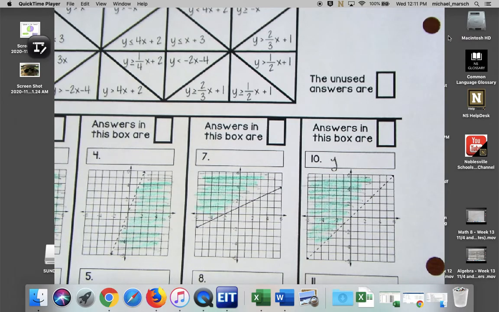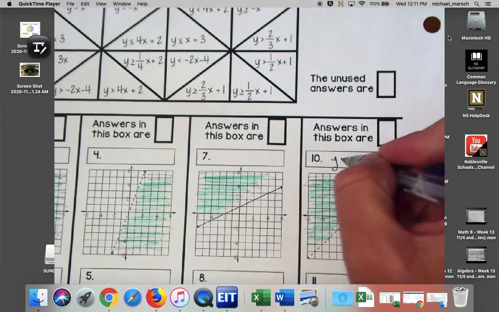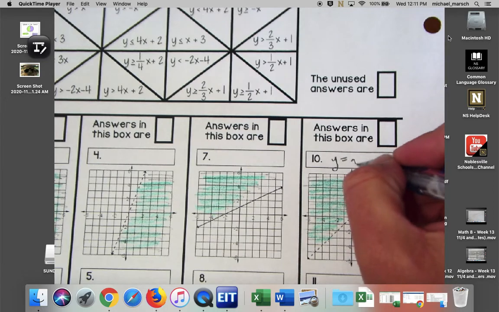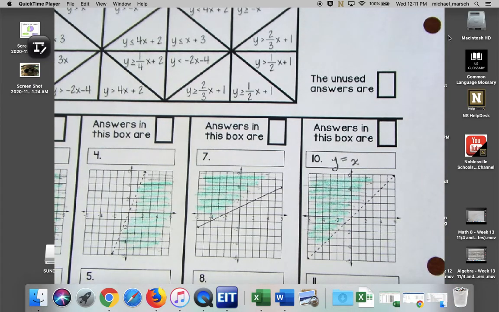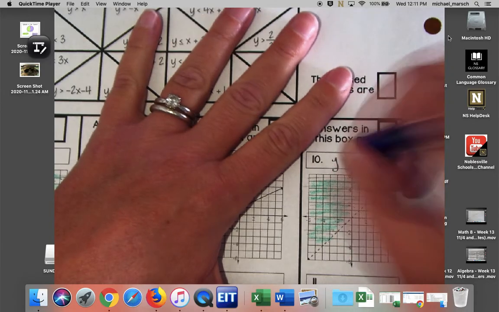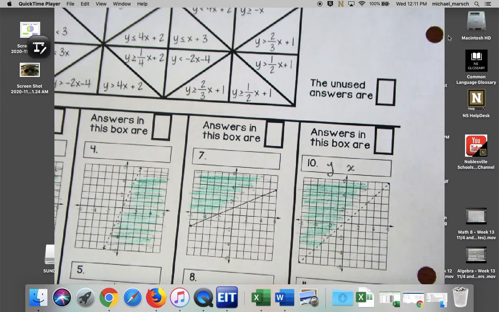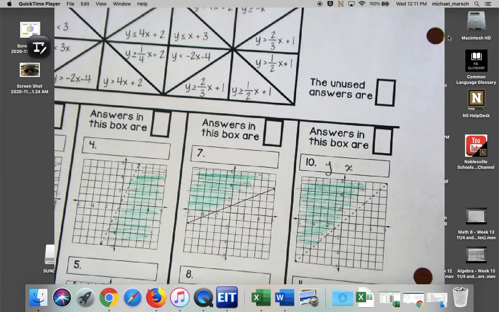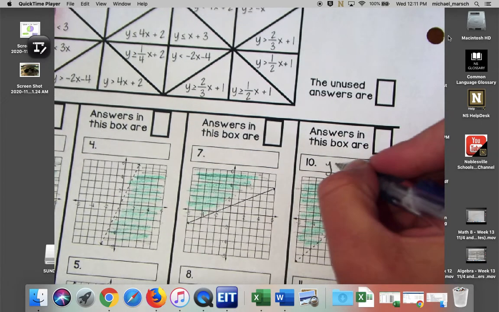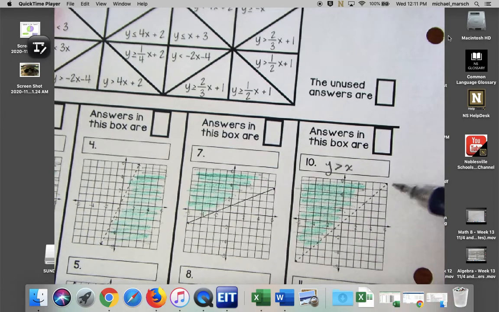What's my slope? 1 over 1, so I could just say x. And then what's my y-intercept? 0. Do I have to write 0? No. So my answer is just going to be y, and then we have to decide greater than or equal to, less than or equal to. What do you think? Less than. It's just going to be greater than because it's a dashed line and it's all the values above the line.